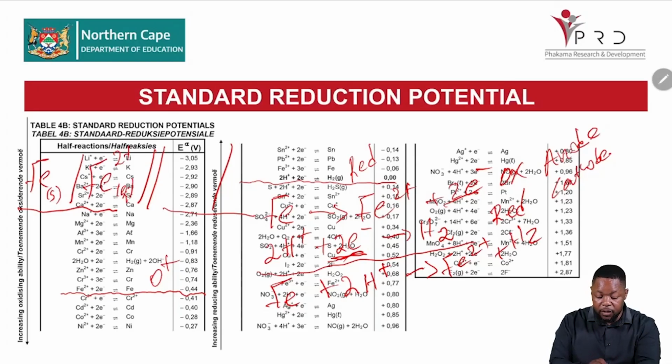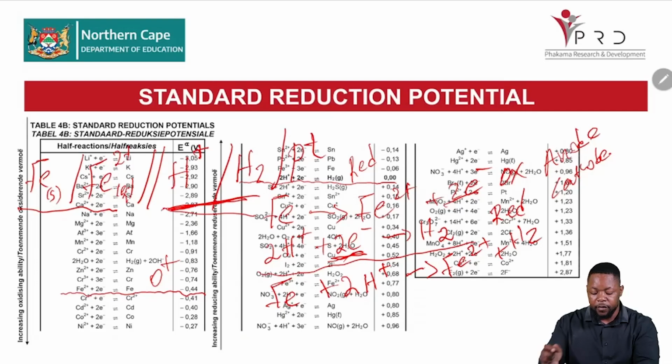And the oxidation number is increasing, if you note there. Then we have the H+, which is reduced to hydrogen. But remember, hydrogen is not a metal. Therefore, we need platinum as the inert electrode. And this will be our cell notation for that reaction.